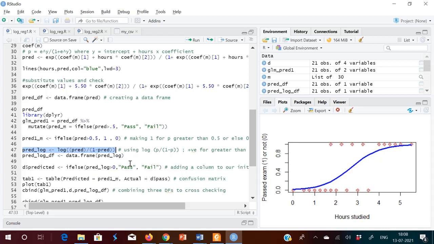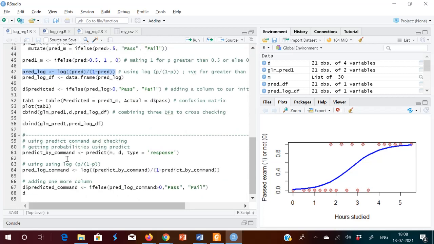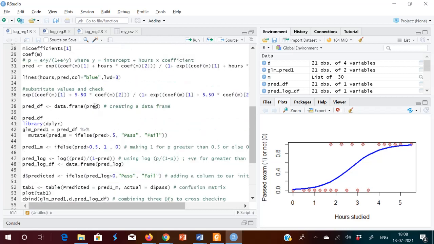So it will be negative if it is less than 0.5, it will be positive if it is greater than 0.5. And that's all the main important thing. And here I made the confusion matrix, and here I used the predict command and proved both are same using the predict function and also the equation. So we are using this predict command and then our equation, this one. Okay, both are same.